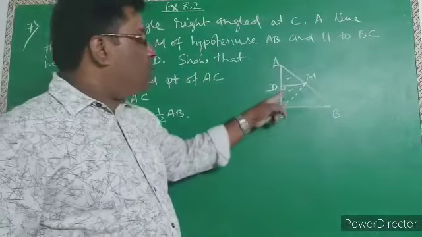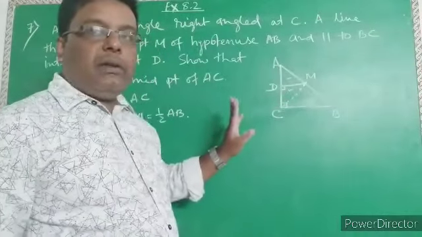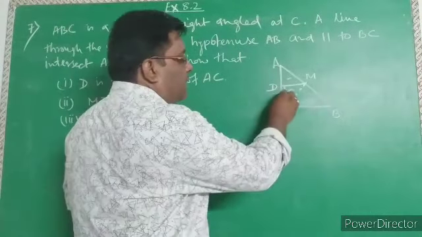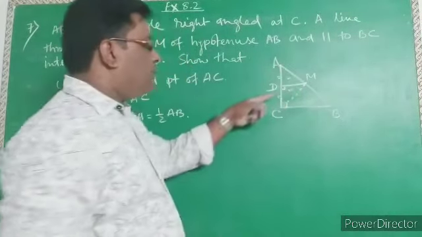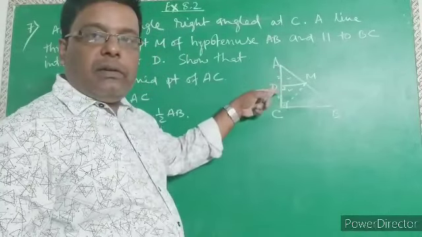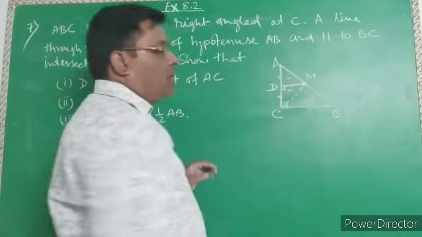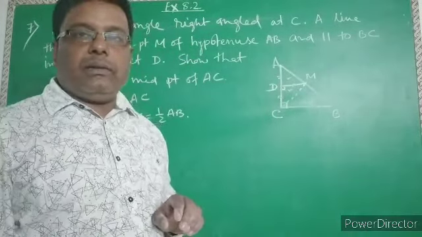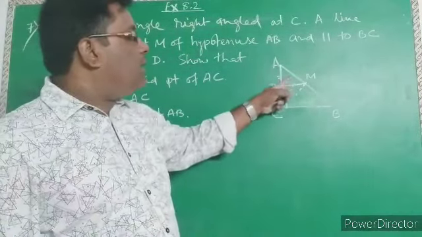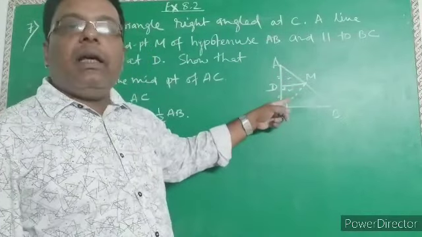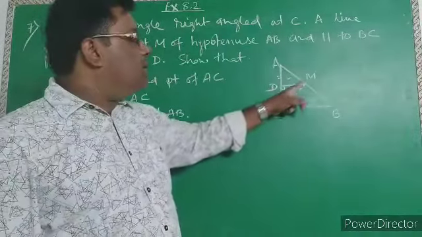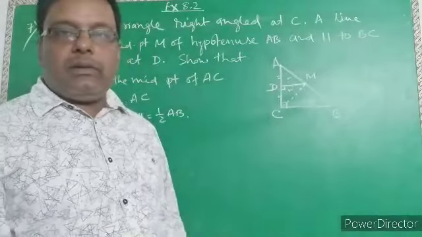In these two triangles, both are right angle triangles. Next, DC and AD are equal, because D is the midpoint of AC. Next, DM is the common side. That is side angle side. They are congruent, and if congruent, then CM and AM are also equal.